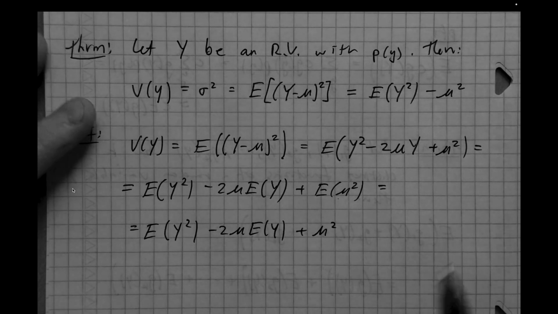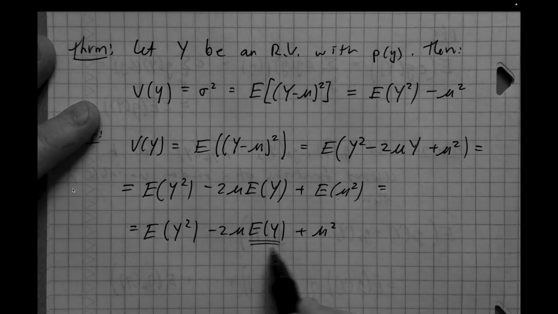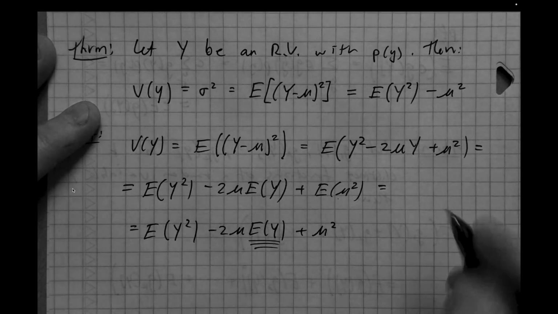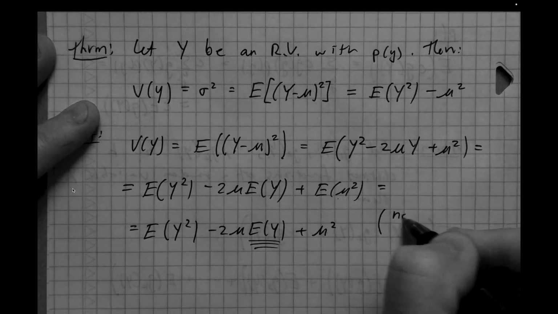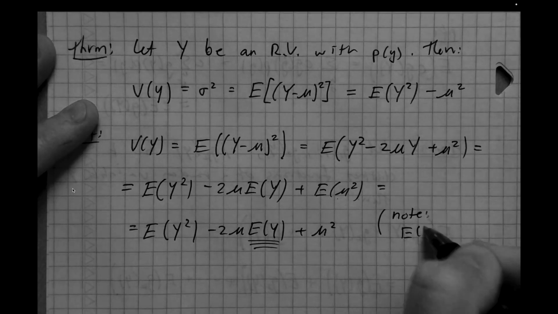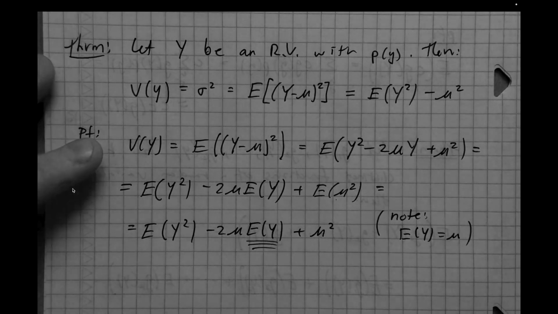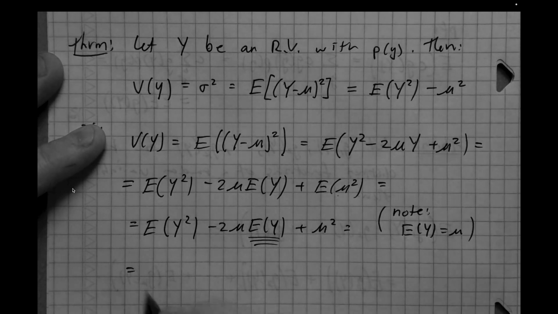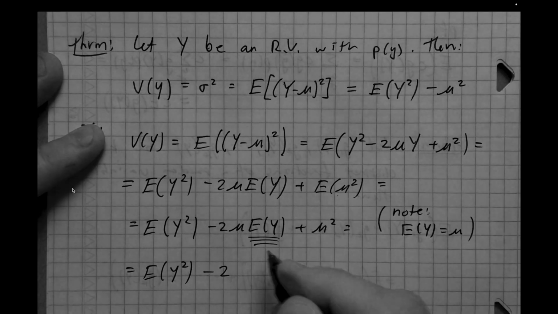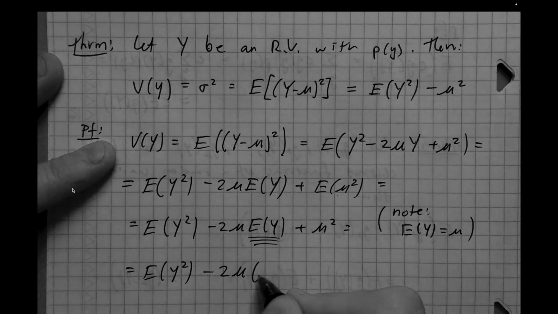Now, the way this works is you just recognize something about this expected value of y. So note, expected value of y is mu. And so I can rewrite this as the expected value of y squared minus 2 times mu, right?